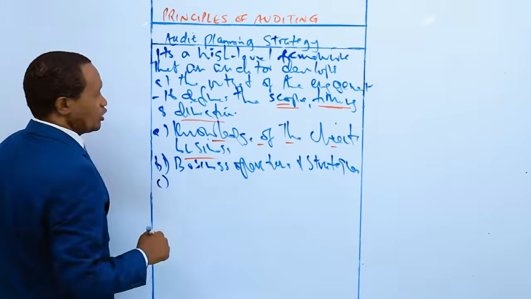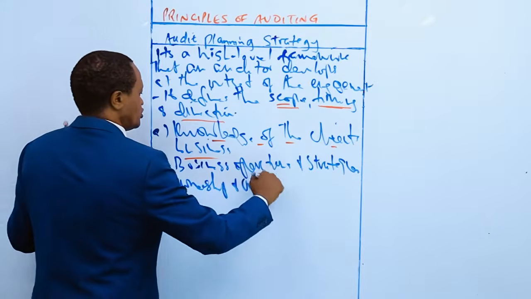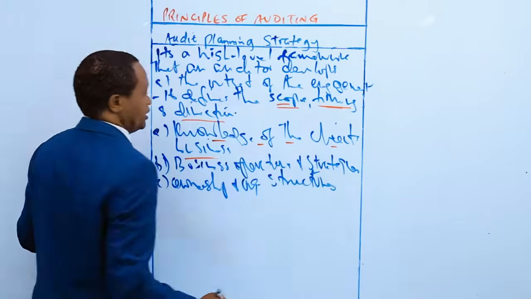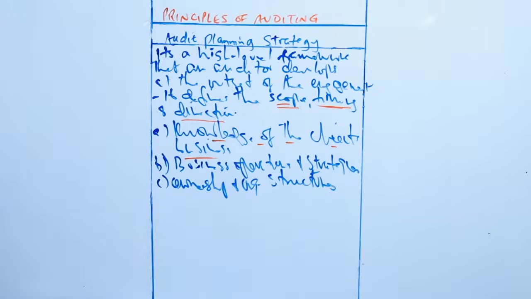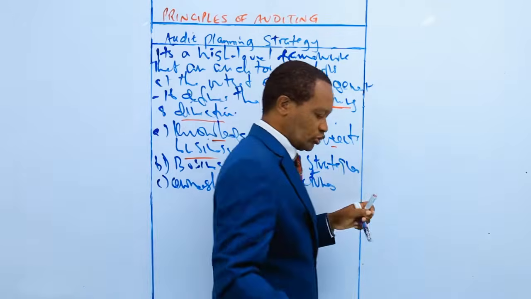Then there is ownership and organizational structures. The auditor should gain an understanding of the ownership and governance structures. Who owns the company? What is their organizational structure? Who are the key management personnel? And what is the tone at the top regarding financial reporting and internal controls?